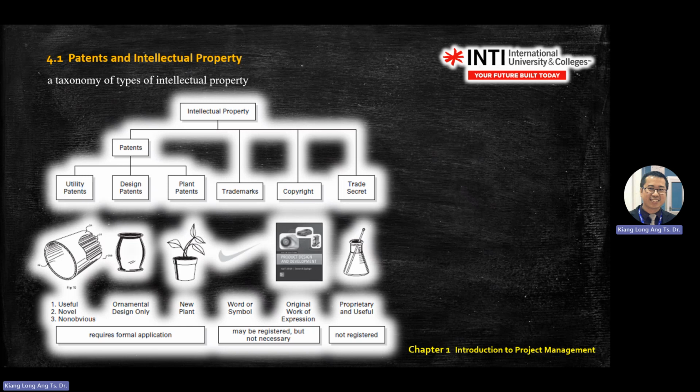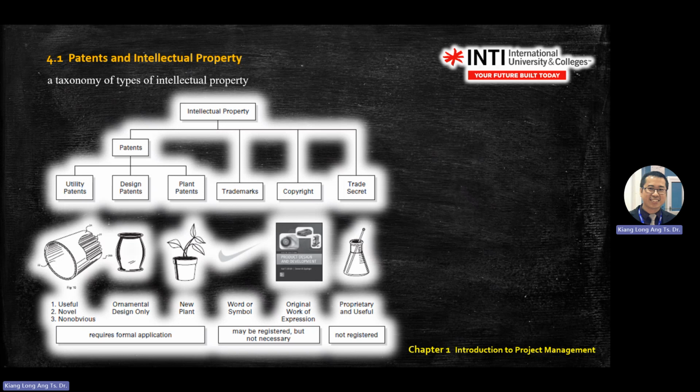Utility means it has an application. Means you use it for something. You patent it for what? Okay. Design patent is a shape. Means you lock the shape. For example, you know there is a Coca-Cola pattern.